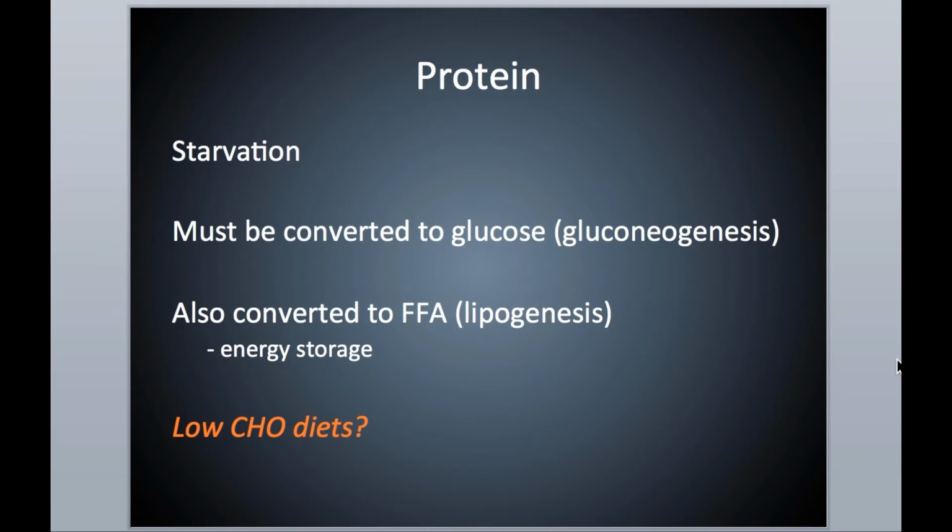You're probably going to be burning a little bit more protein than normal, but it's not a very good source to rely on for energy, for ATP, because it's going to take a little bit longer. If you've ever been on a low carbohydrate diet, you probably have felt really tired and like you had no energy at all. In fact, that's one of the severe side effects of a low carbohydrate diet.